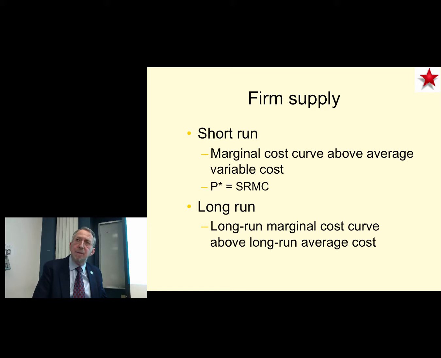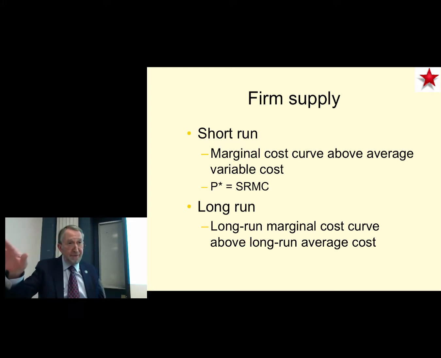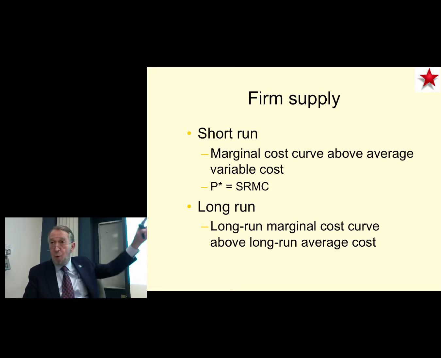And if you're below average cost but above average variable cost, in the short run you'd stay in business because you're covering some of your fixed cost. In the long run, you'd only produce if marginal cost is above average cost. And so the long run supply curve would be that upper portion of the marginal cost curve above average cost.